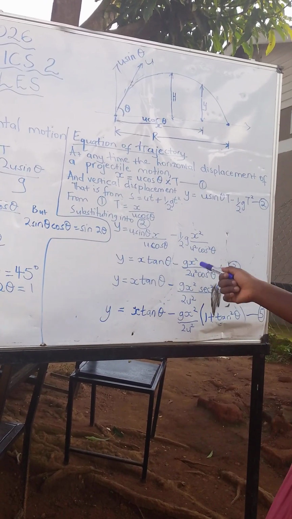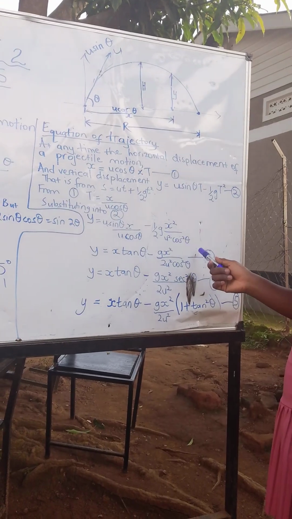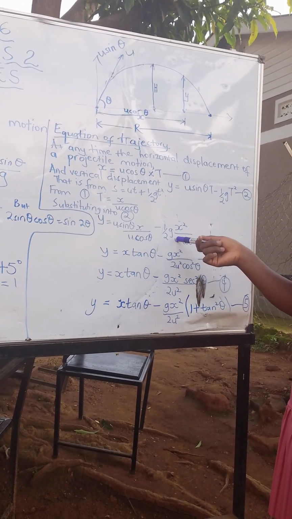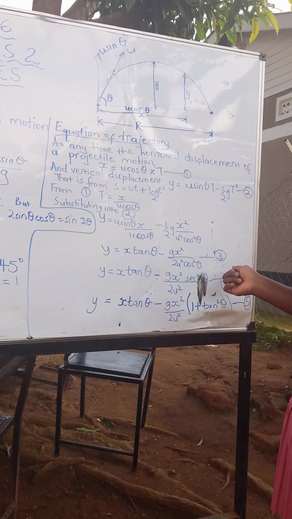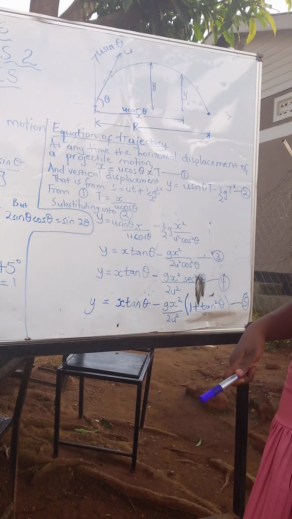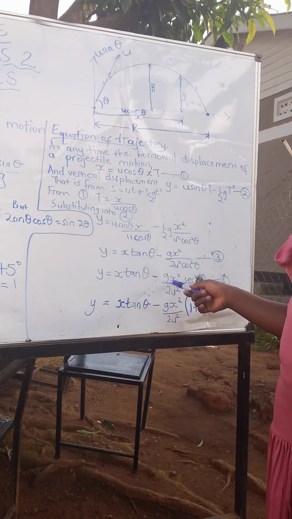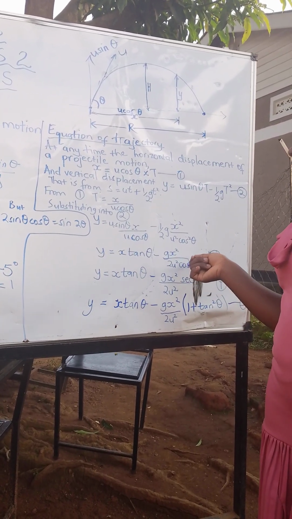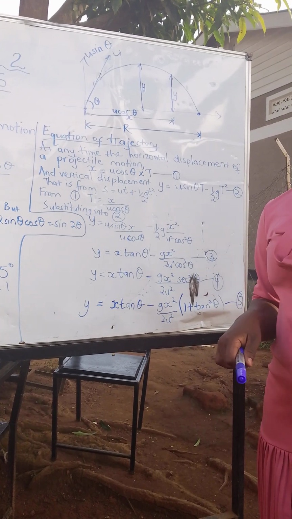The other term has x squared as the numerator and 2u squared cos squared theta as the denominator. They remain as they are. So here x tan theta, and here x squared over 2u squared, times 1 over cos squared theta, which is the same as sec squared theta.